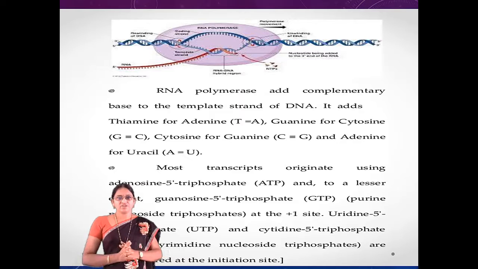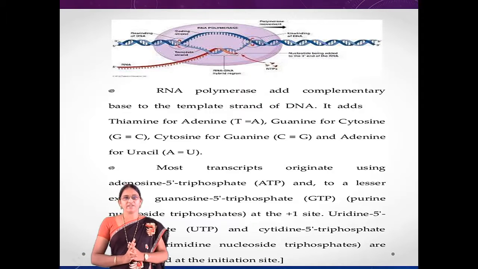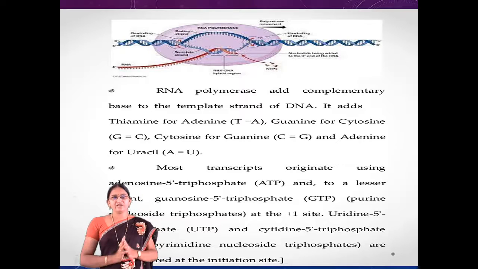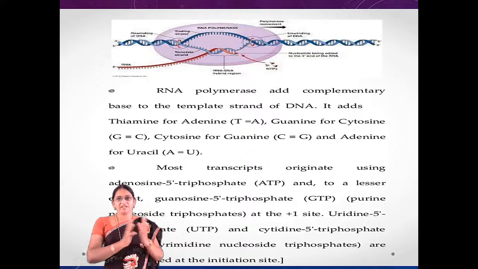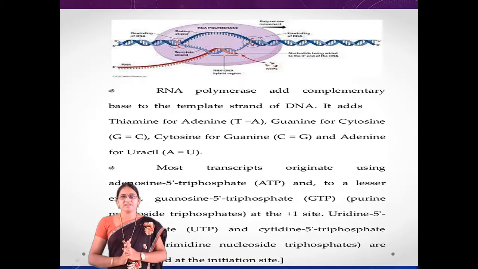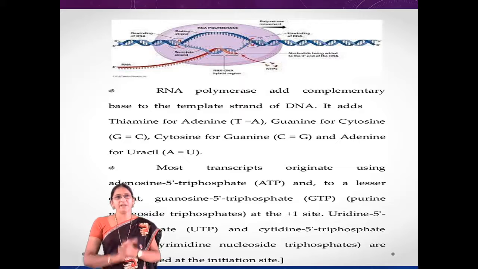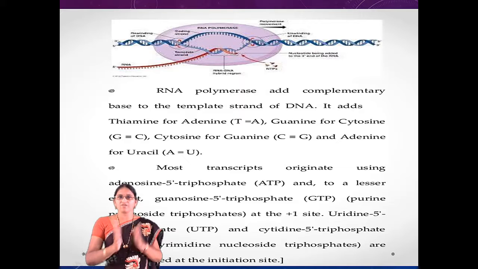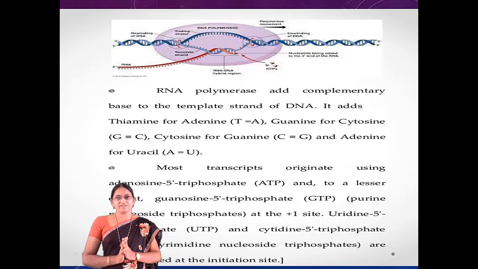Here the polymerization is nothing but addition of nucleotides: adenine pairs with uracil, thymine with adenine, guanine with cytosine, and cytosine with guanine. RNA chain synthesis always initiates with either ATP or GTP, whereas UTP and CTP are not favorable for the initiation of the synthesis.